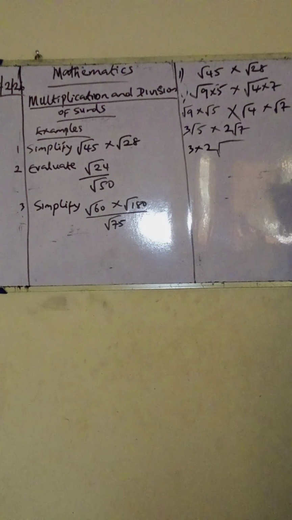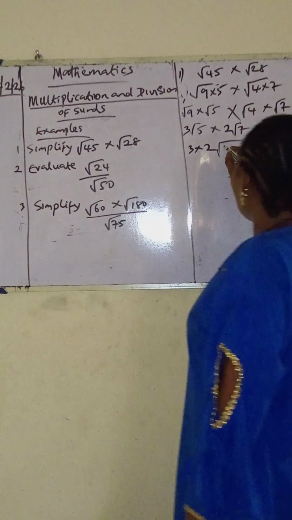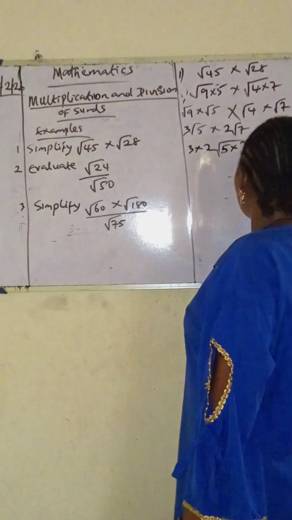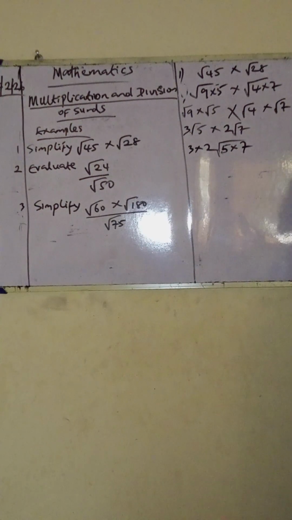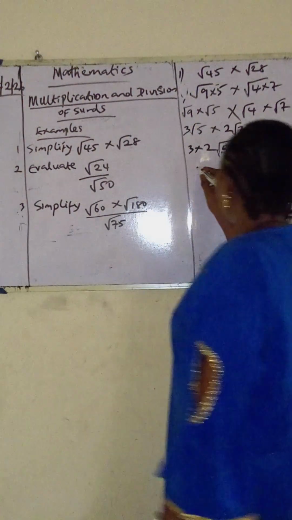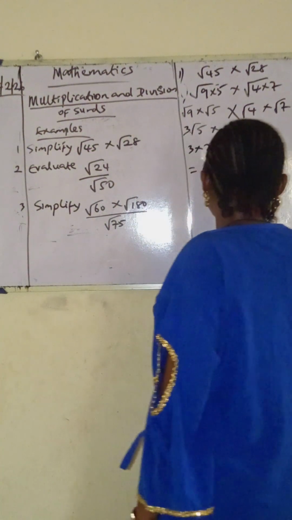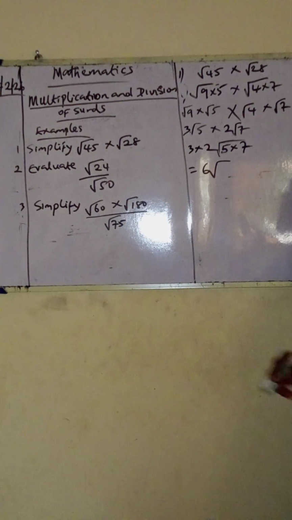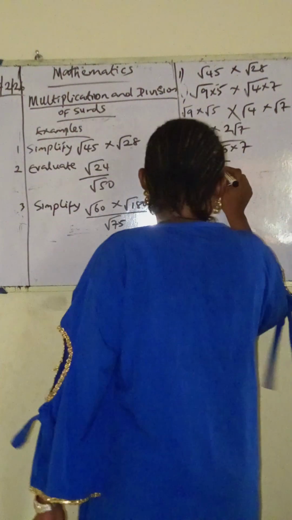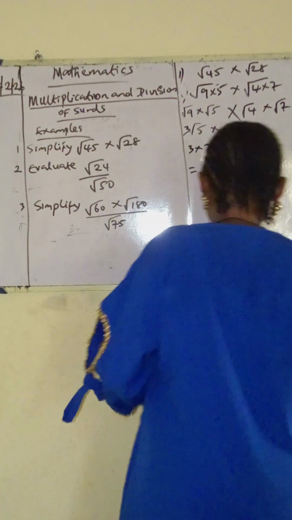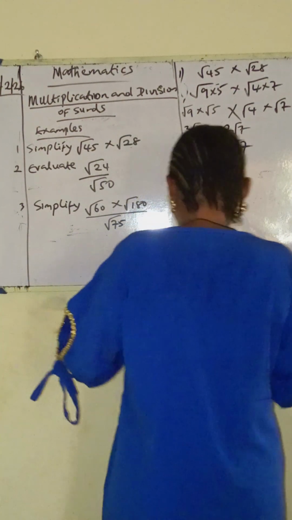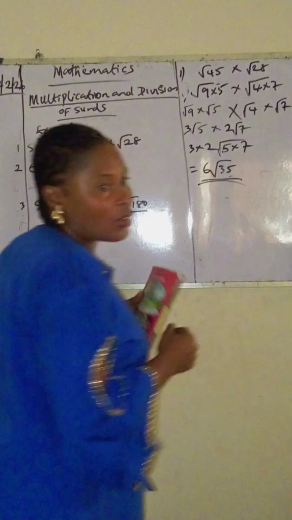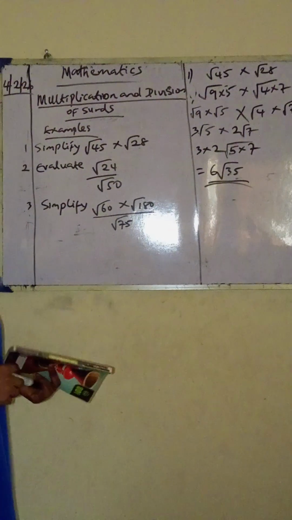So since the numbers are different, we are going to multiply them: 5 times 7. Now 3 times 2 will give us 6. Then 5 times 7 will give us 35. So our answer now is 6 surd 35. So this is our answer.